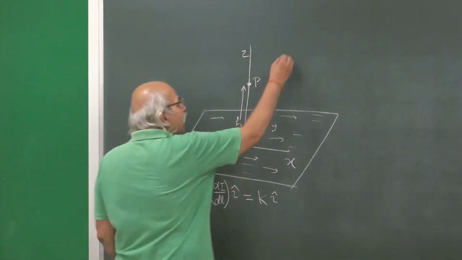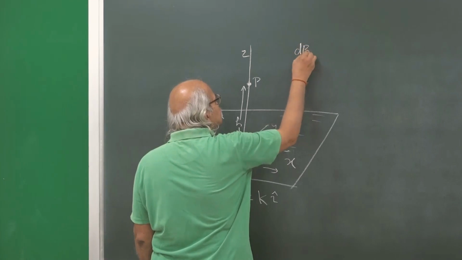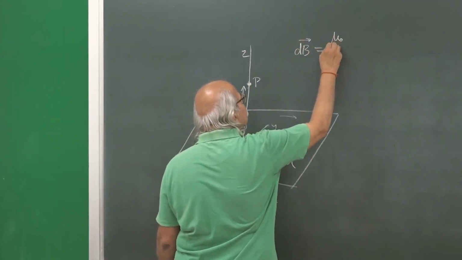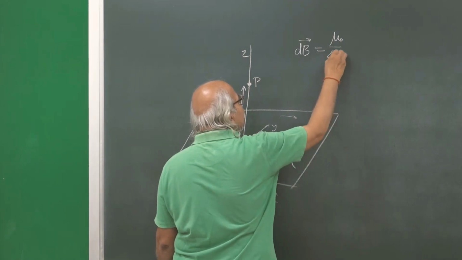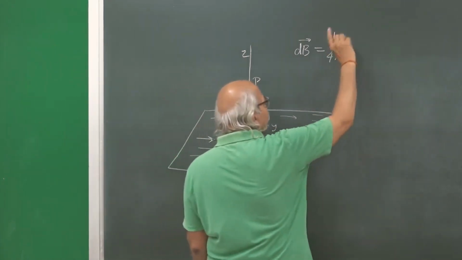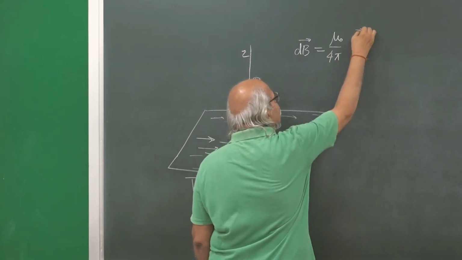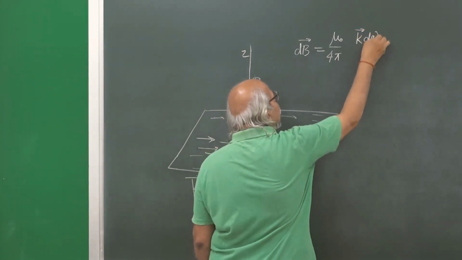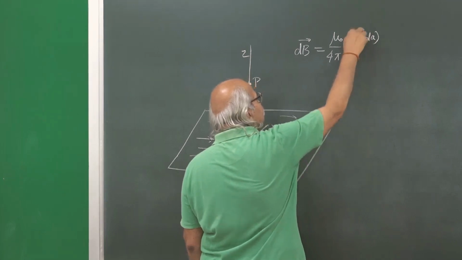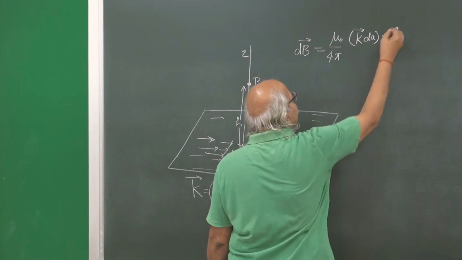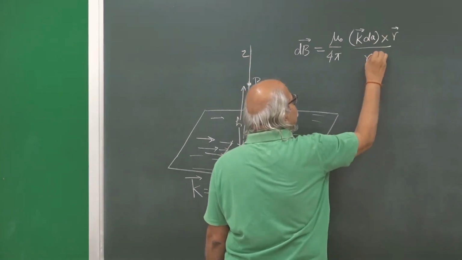Now, if I write the Biot-Savart law, dB will be mu naught divided by 4 pi, and then instead of I dl you will be writing K dA, where I dl is replaced by K dA, and then cross r vector and divided by r cube.